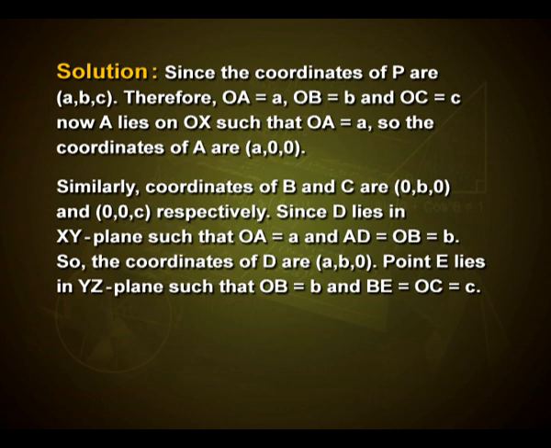Since D lies in xy plane such that OA is equal to a and AD is equal to OB, which is equal to b, so the coordinates of D are a, b, 0. Point E lies in YZ plane such that OB is equal to b and BE is equal to OC, which is equal to c.